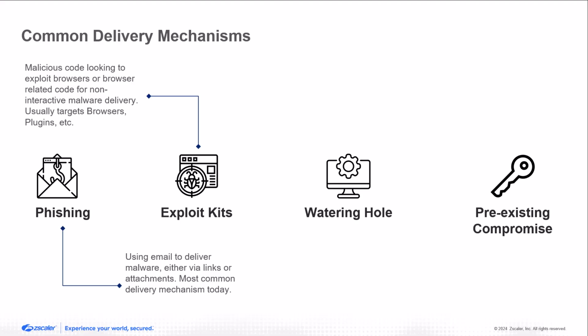The next type of delivery mechanism is a watering hole. A watering hole is when you take a very popular website and you put malicious content on it. This could be malicious JavaScript, or a malicious drive-by download. When anybody goes to that website, they will, unbeknownst to them, download a specific malware that was put on the website.